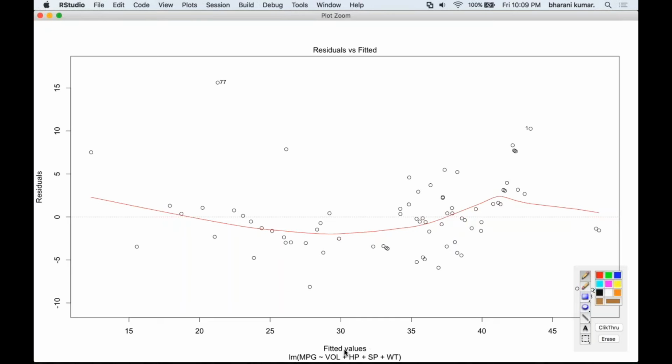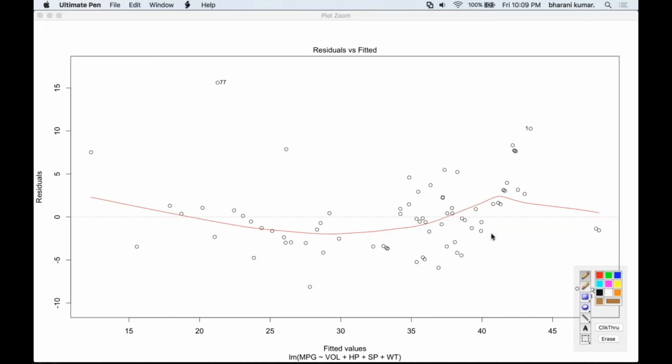Errors versus fitted values. As your predicted values increase, your errors should not increase or decrease. Your errors should remain constant. Remember, errors should have constant variance. So it's more or less constant, this red line. There is no weird representation.